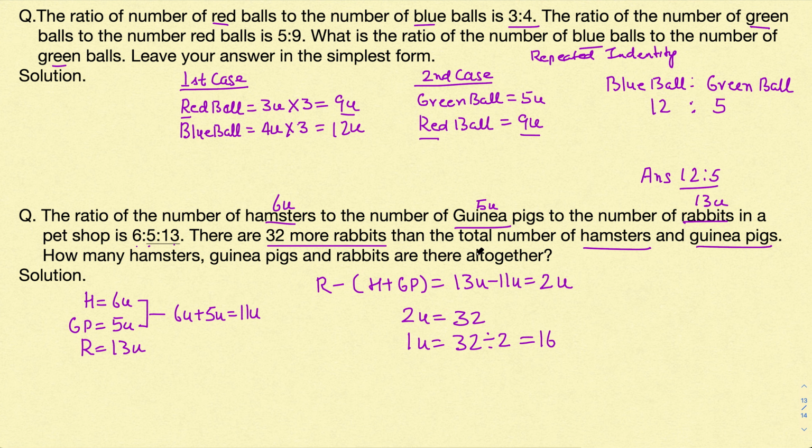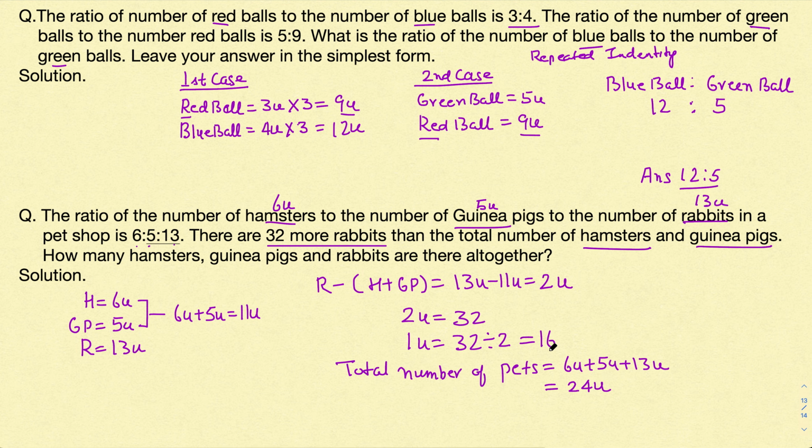Now the question is, how many hamsters, guinea pigs and rabbits are there altogether? First we have to find out how many units of pets there are altogether. The total number of pets is 6 units plus 5 units plus 13 units, and that will give you 24 units.